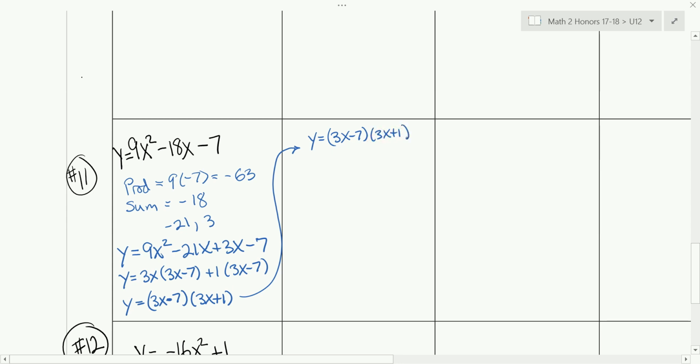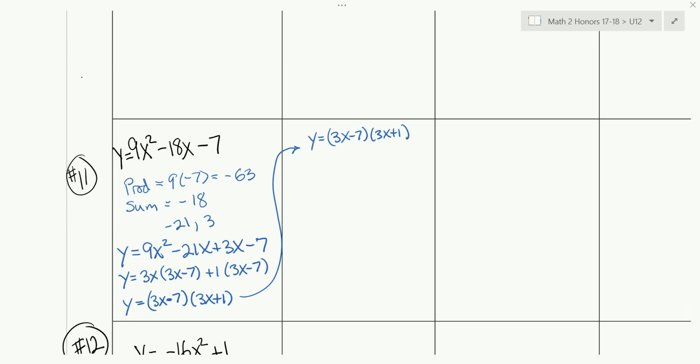Okay. Now, from standard form, we can get our y-intercept, or actually any form you can get a y-intercept. You plug in 0 for x and you find it, right? On the board earlier, we found our y-intercept from vertex form. But it's easy to find it from standard form, because if I plug a 0 in for x, what do I get? It's negative 7.